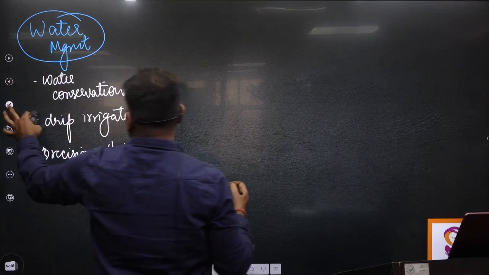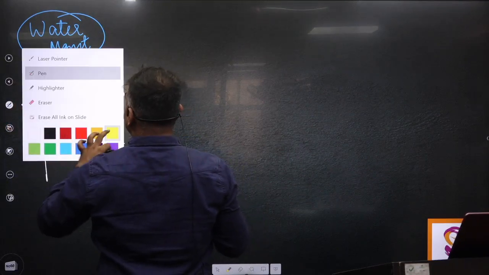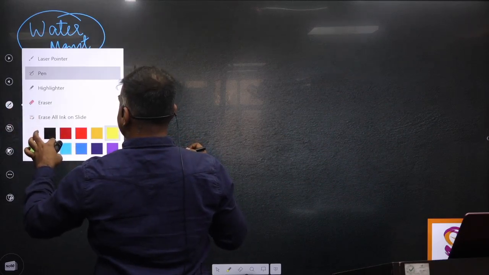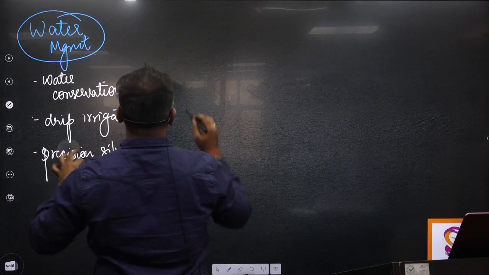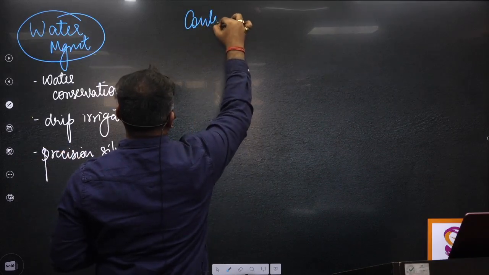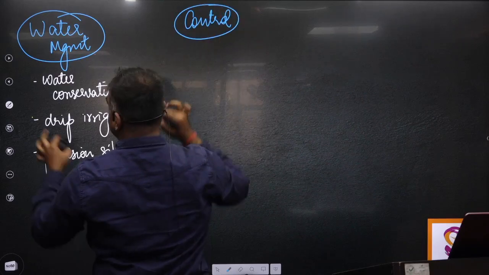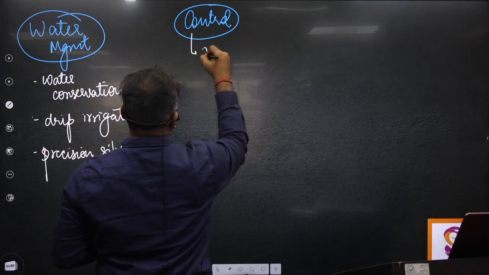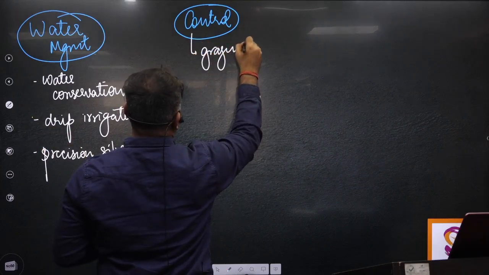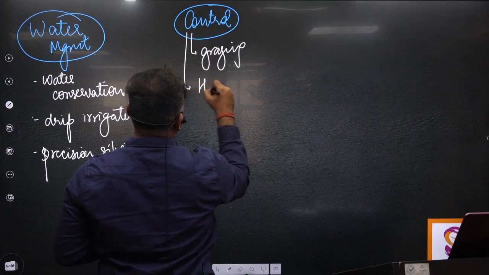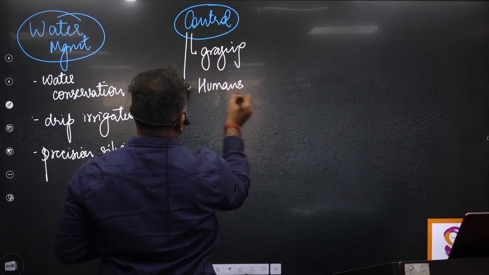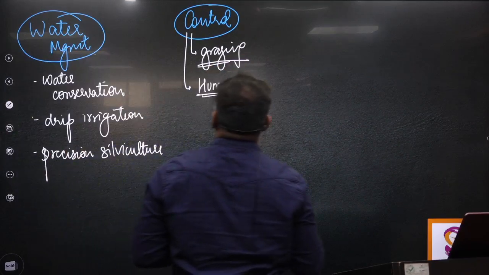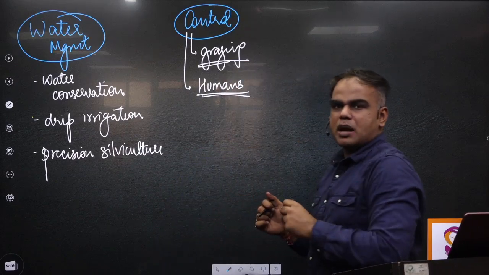Okay, here also we have to ensure, for example, control related to grazing, which means from herbivores and also from humans. Okay, first I understand the structure, then I'll tell you more specific points. This also has to happen.